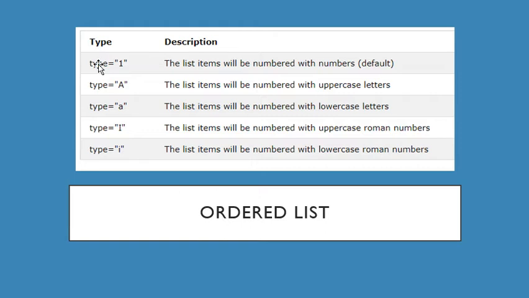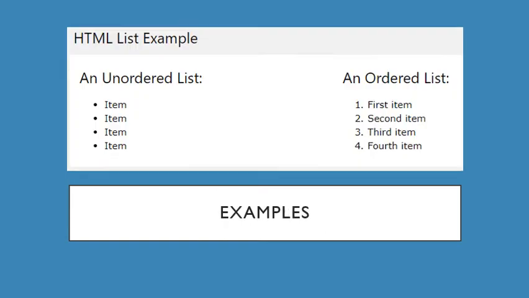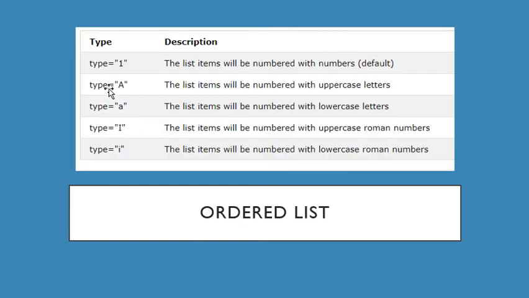You can specify this type at the OL, and then you can specify the type. If you choose 1, it will display numbers by default, and if you put capital A, it will display alphabetically in capital letters.